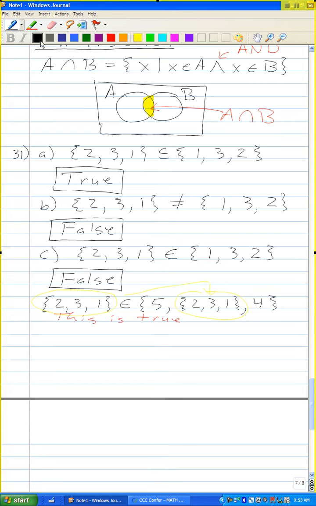But otherwise, in part C, the set {2, 3, 1} is not a member of this set because the only members of the set are the number 1, and that is not the set {2, 3, 1}, 3, and that is not the set {2, 3, 1}, 2, and that is again not the set {2, 3, 1}. D.